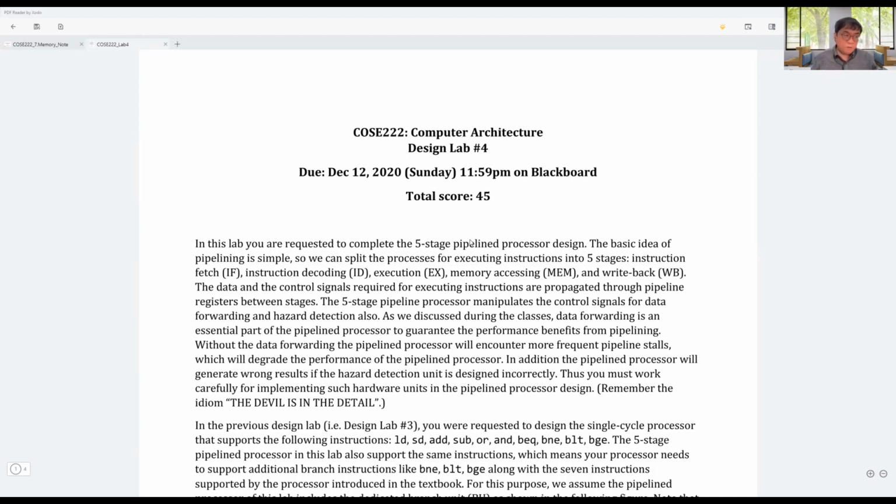In chapter 4, we learned about the pipeline processor architecture. These pipelines are composed of 5 stages: instruction fetch, instruction decoding, execution, memory, and write back.